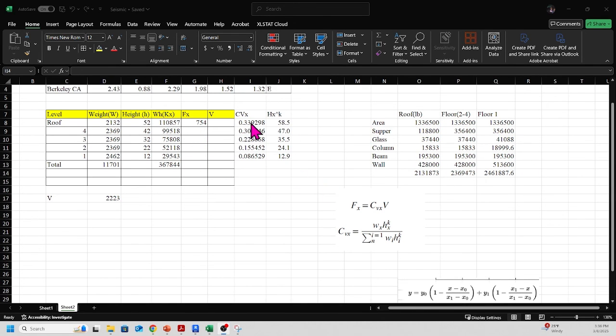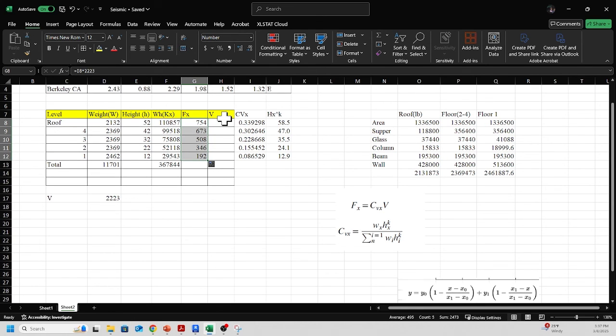So I'm going to have Cvx right here. And that was basically this equation. I made Hx to the K right here, to make it easy for my Excel. And then this was basically height to the power 1.03, and I drag it down, and drag this one down, drag it down. Excel is becoming a pain in the neck.